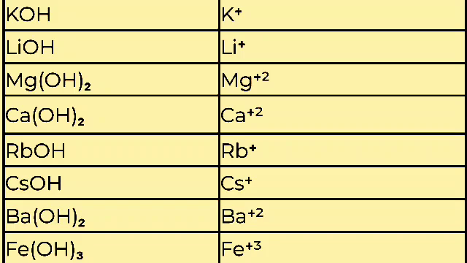After calcium, I have given you rubidium and cesium. There is no need to know the names because they are not given in your book. But the second last is Ba(OH)2, barium hydroxide. When hydroxide ion is removed, barium plus 2 ion is formed, which is called a basic radical.